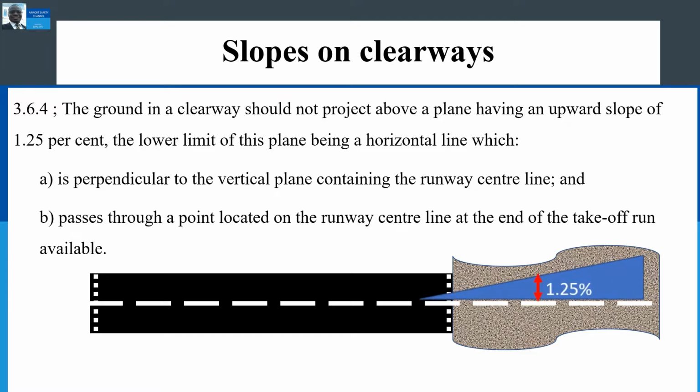Then look at the slope or the slope changes and the transition from the runway to the Clearway, and ensure that the slopes of the runway conform with those of the Clearway, or the slopes of the Clearway conform with those of the runway. Once they conform, then your Clearway is compliant with Annex 14 requirements.